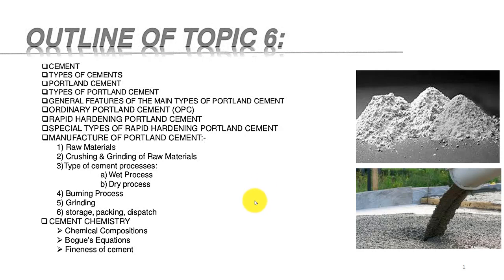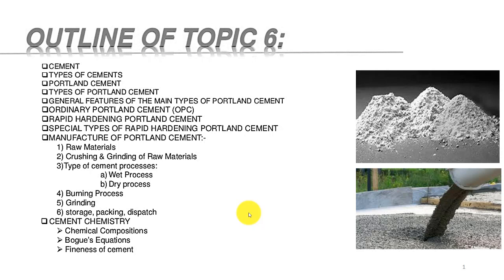Lastly, we will discuss the chemistry, the chemical composition of the cement, and a few of its physical and chemical properties that totally depend upon it, that define the quality and type of a cement, what cement we have to use for specific applications.